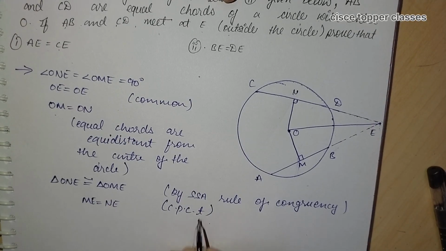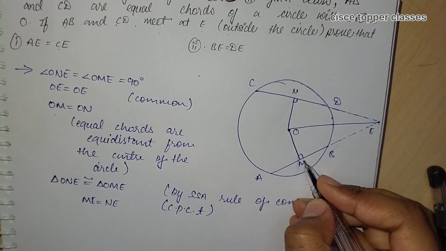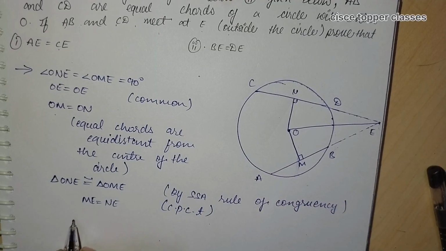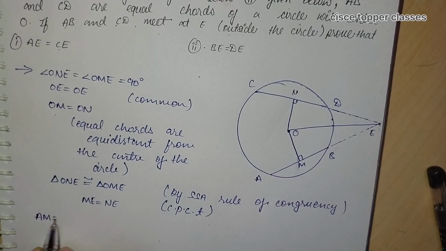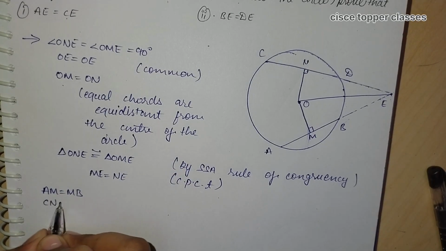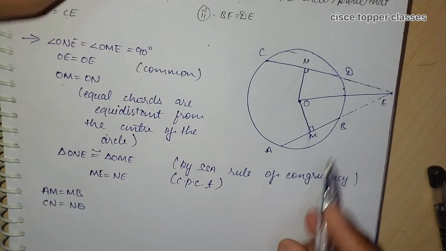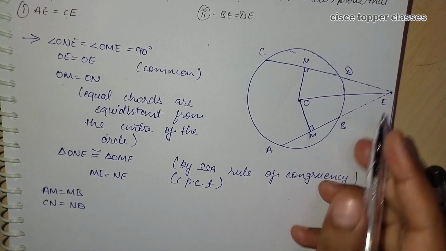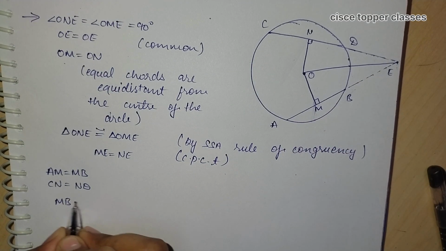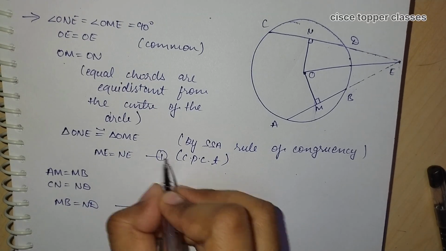And as we know, if a perpendicular is drawn on a chord, then it bisects the chord. Means AM is equal to MB and CN is equal to ND. And as both chords AB and CD are equal, we can say that MB is equal to ND. Put it as the second equation and the first equation.